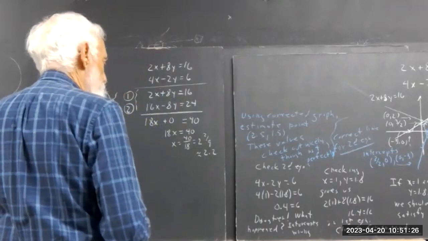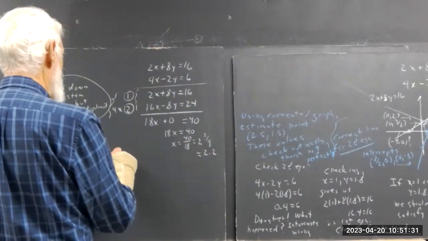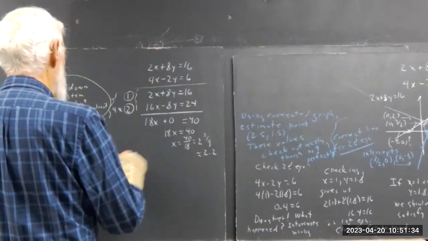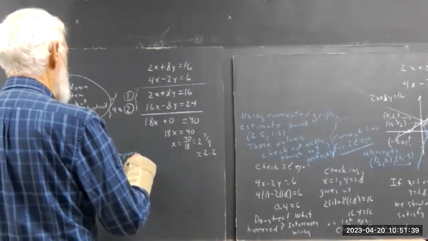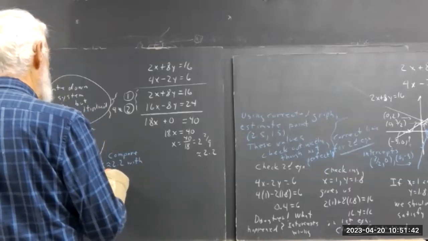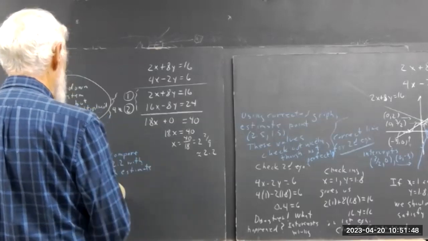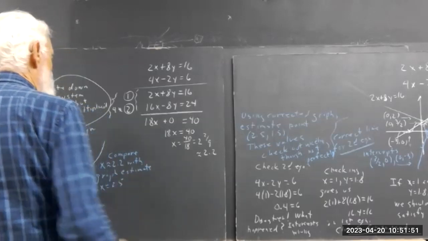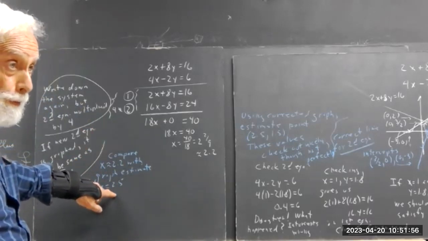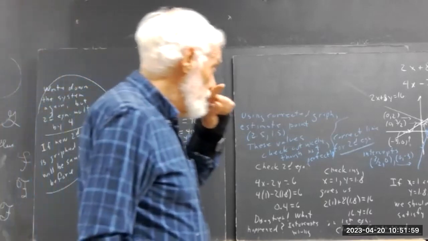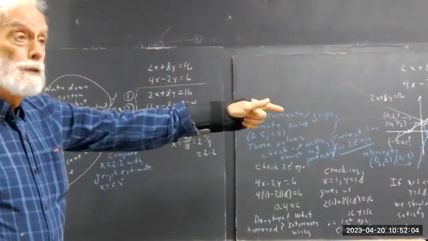Compare x equals 2.2 with the graph estimate, which was x equals 2.5. What did we get? We're pretty close to the graph estimate.